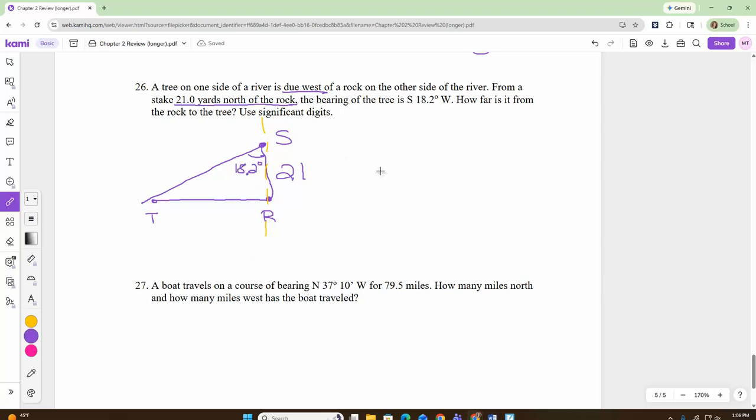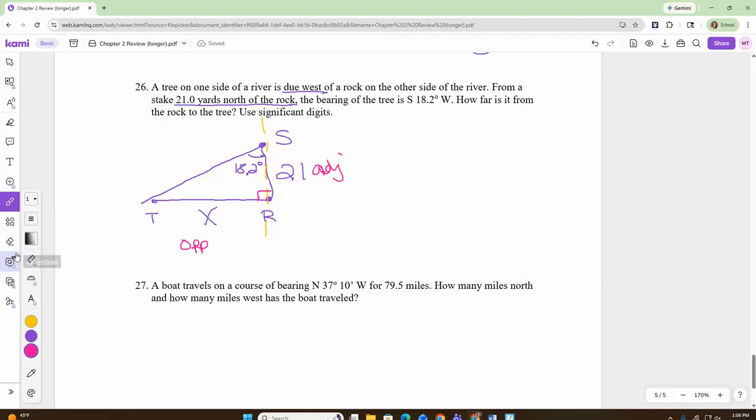How far is it from the rock to the tree? So from my angle, north-south and east-west form a 90 degree right angle. So this is opposite. This one would have to be my adjacent.